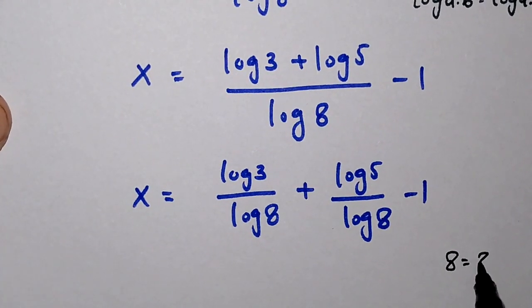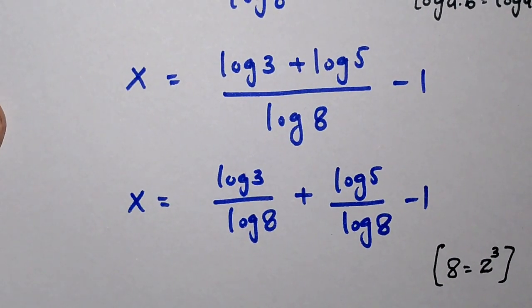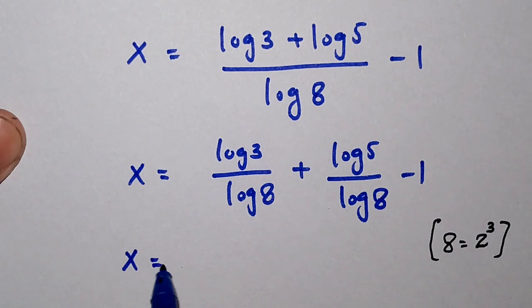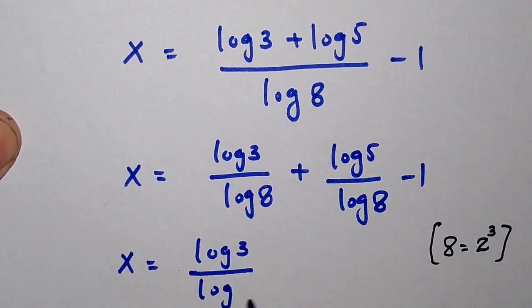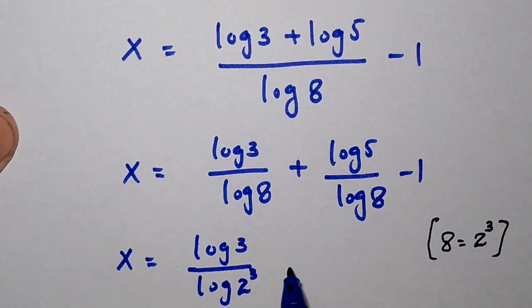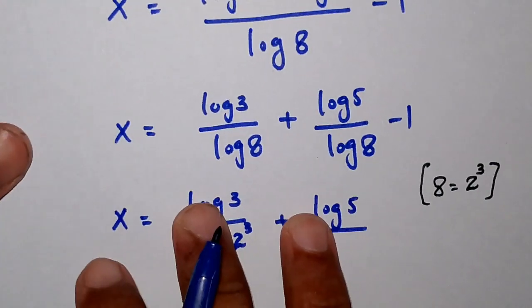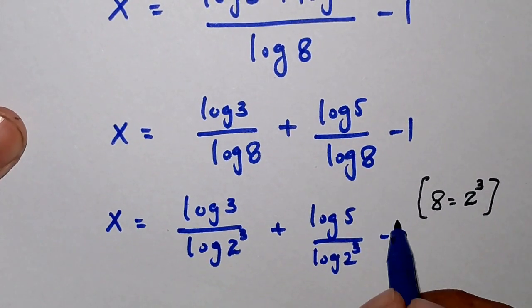Now in the next step, we know that 8 is equal to 2 to the power of 3. So we have to replace this by 2 to the power of 3. So this will become x is equal to log of 3 over log of 2 to the power of 3 plus log of 5 over log of 2 to the power of 3 minus 1.